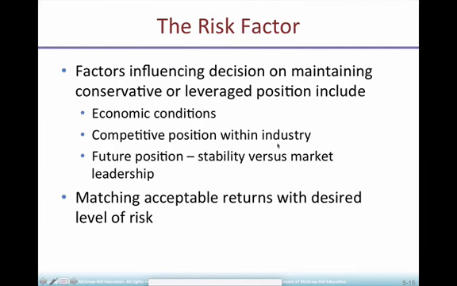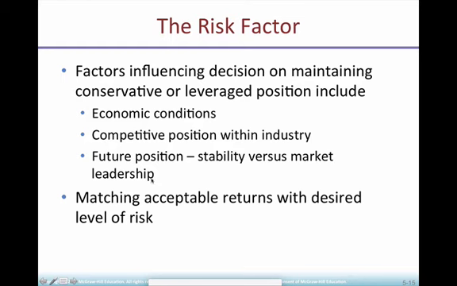Competitive position within industry: if you are a leader, you may have more appetite for risk taking or more capital to invest. Future position: if you gain market power, even if you are not the leader right now, if you have been growing for the last few years and you have a good management, you might be tempted to take more risks. So you really have to analyze all these situations before you decide which path to take.